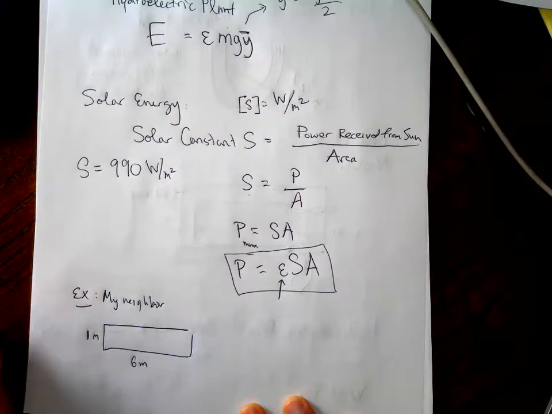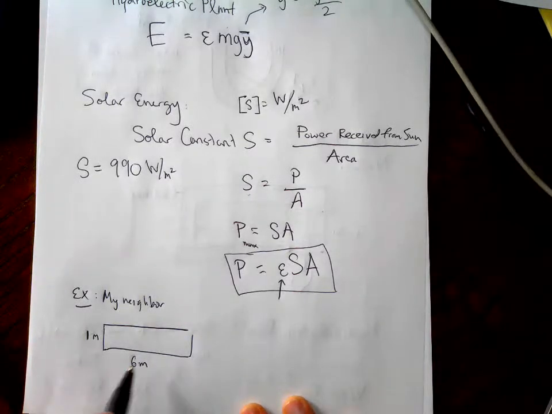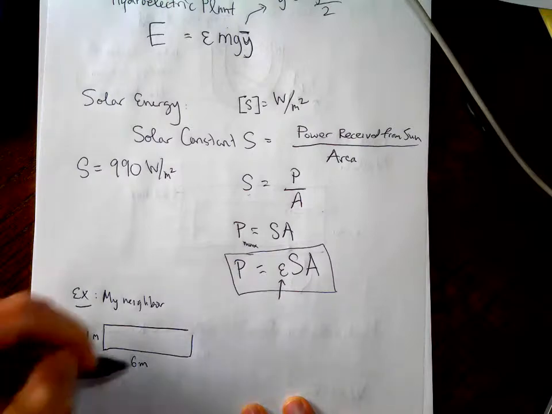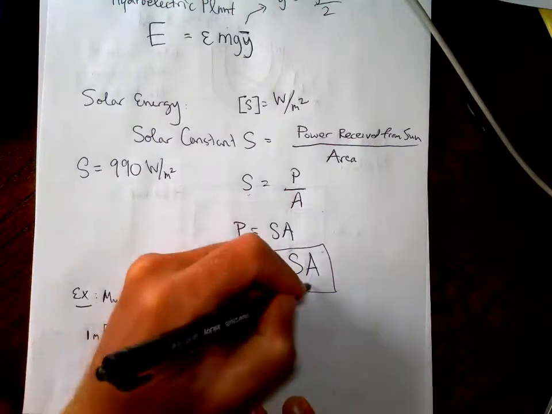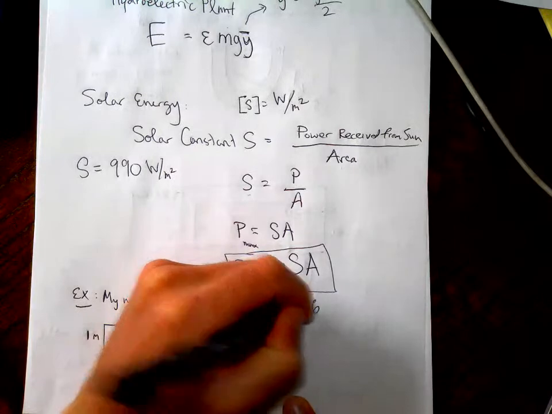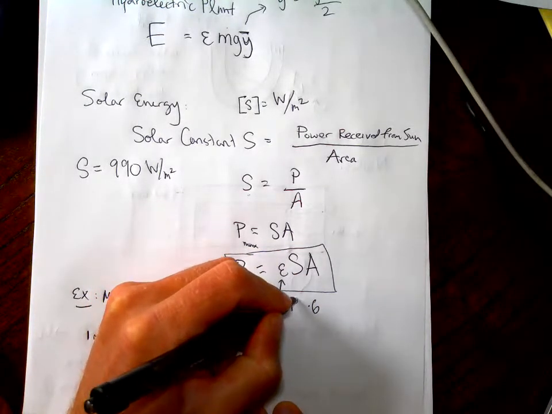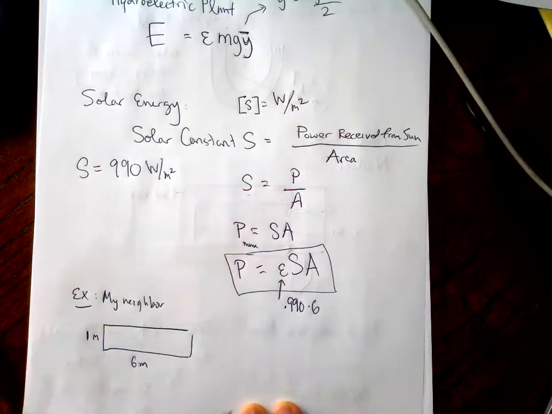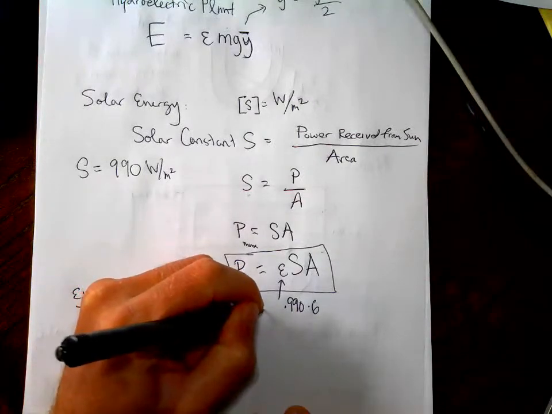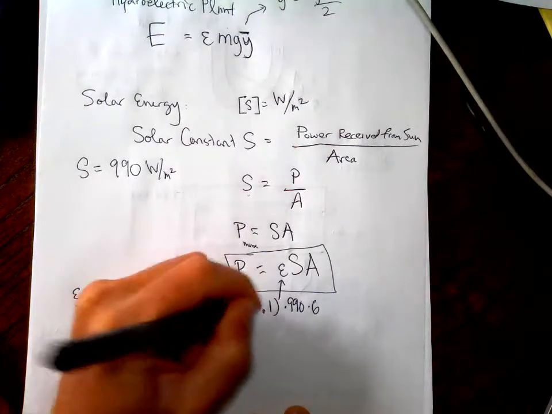So the area of her solar panels is 6 square meters, okay? The solar constant is 990. And as I said, the efficiency of a solar panel is not very large. It's like 10%, so 0.1 is the efficiency.